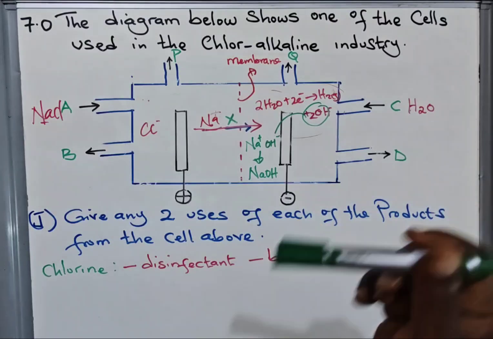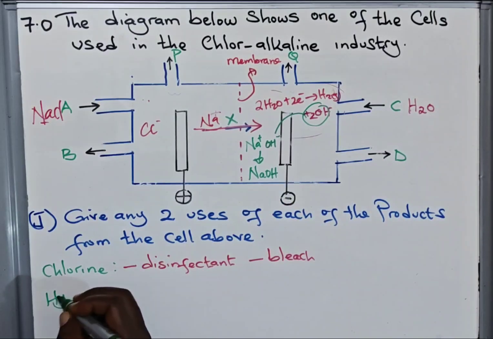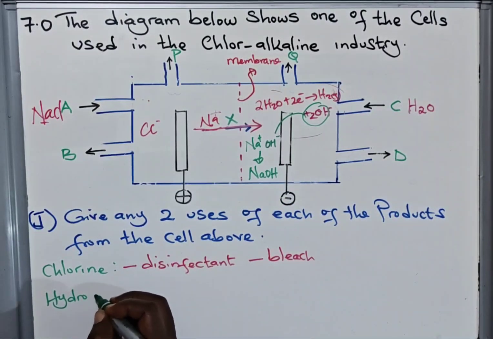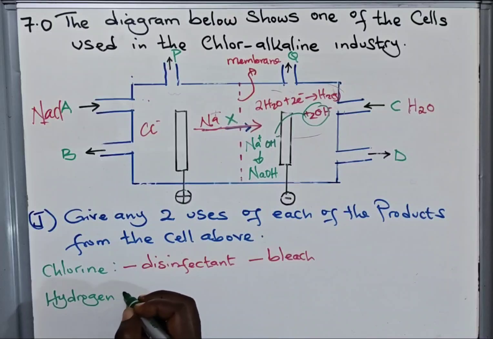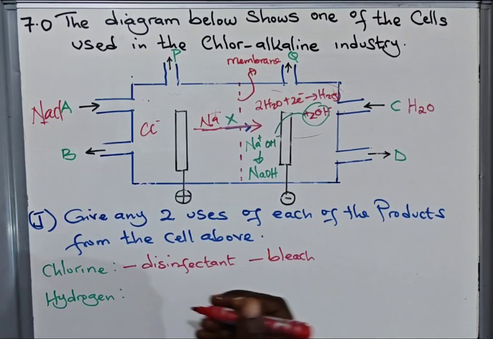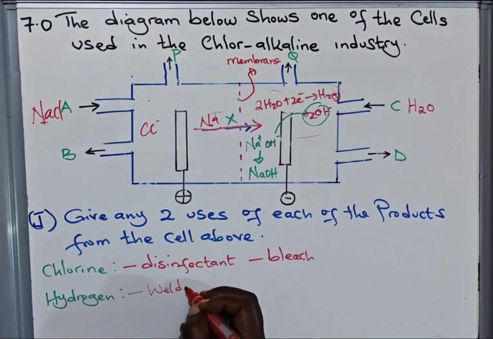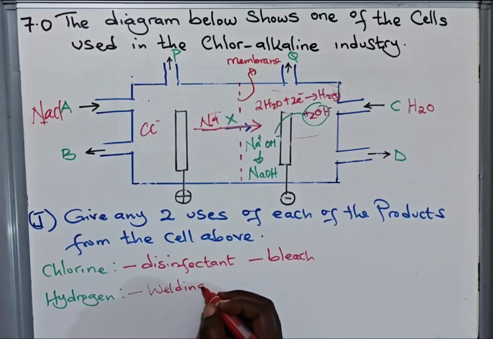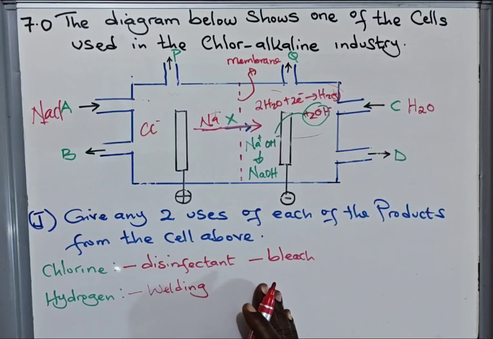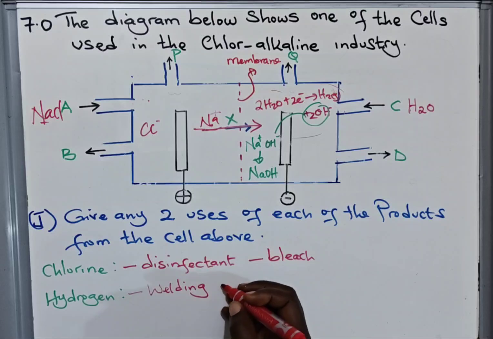Okay, we can go to Q, which is hydrogen. So what are the uses of hydrogen? First of all, we can use it for welding. Hydrogen can mix with oxygen and burn at a very high temperature. And that flame, we use it for welding of metals. So, welding.